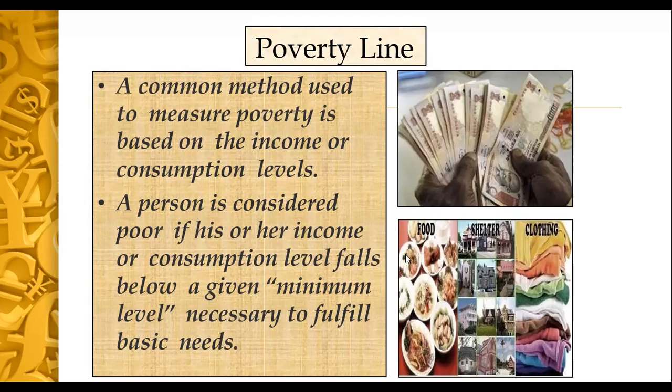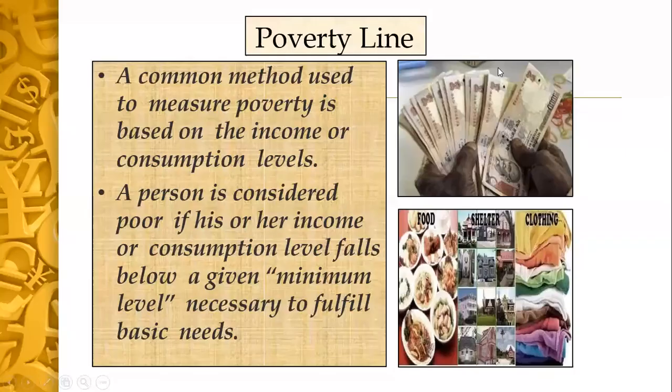Poverty line is a common method used to measure poverty based on the income or consumption levels of a person.